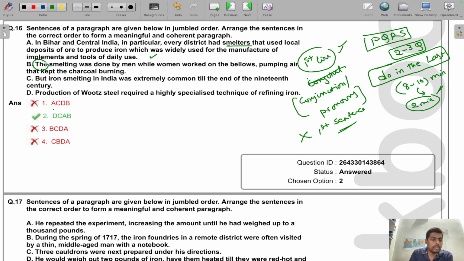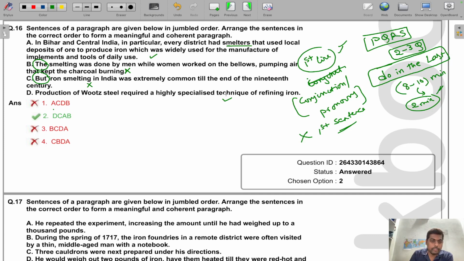So this smelting means a particular smelting, but we don't know which smelting. So this is not possible to become the first sentence. Now again, but iron smelting in India, but here it started with a conjunction, so there is no possibility for this one also to become the first one. Let us see the next one. Production of wood still required a highly specialized technique of refining iron. Guys, this can be the first.